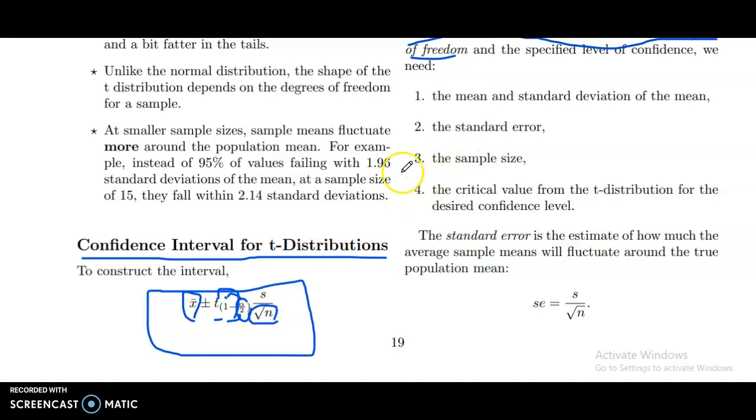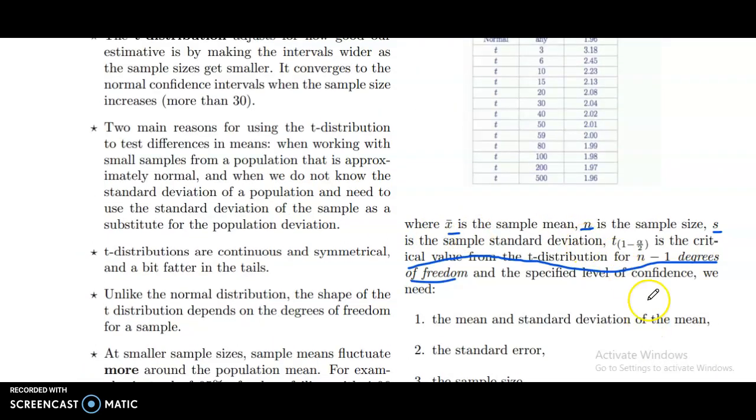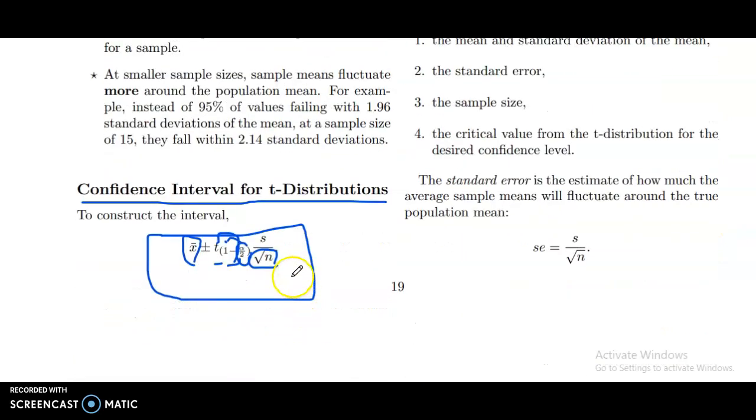For n, we have already seen that n is the sample size, so we take the square root of the sample size.